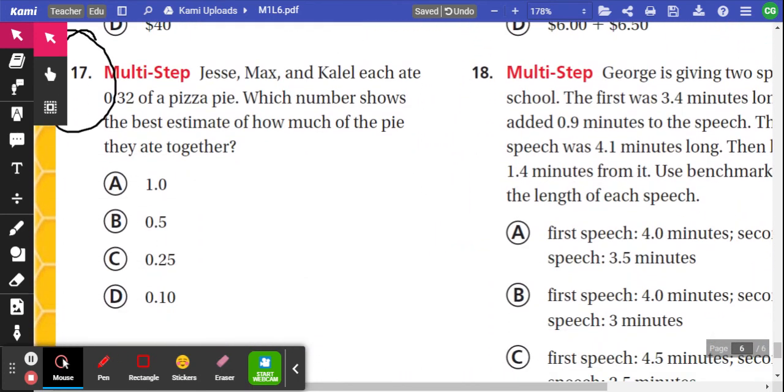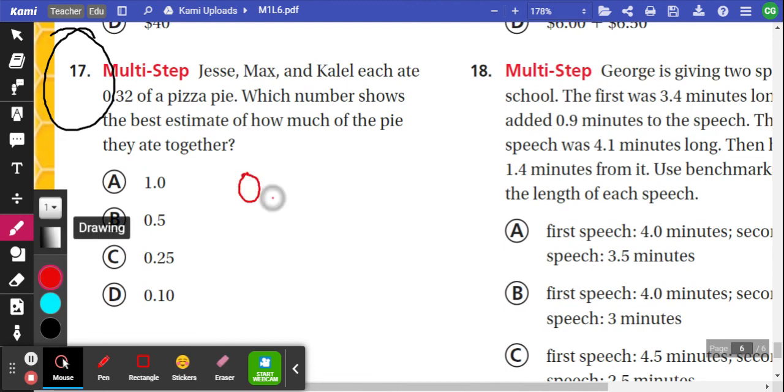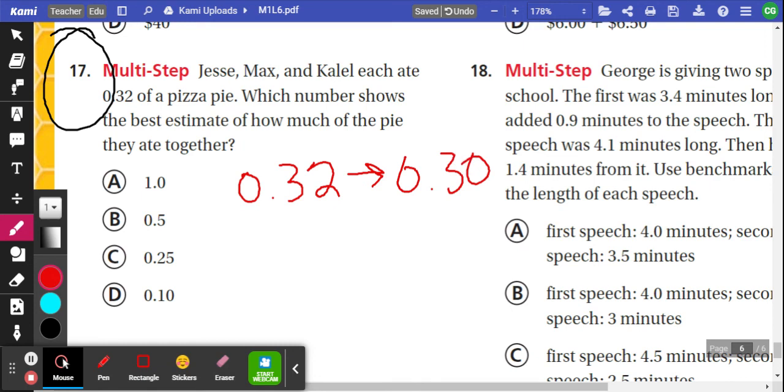And then let's look at number 17. And this, guys, is really a lot of common sense. So you have Jesse, you have Max, and you have Kale. Each ate 32 hundredths of a pizza slice. Which number shows the best estimate of how much of the pie they ate together? Well, let's look at this. 32 hundredths is going to be close to what? 30, right?